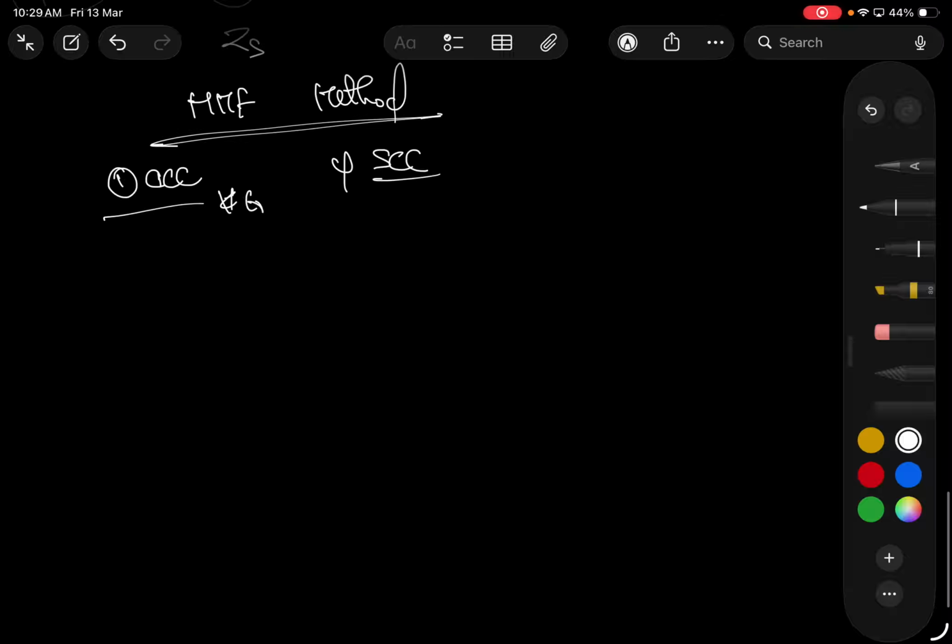OCC is drawn between E0 versus IF. Short circuit is drawn between ISC versus IF.